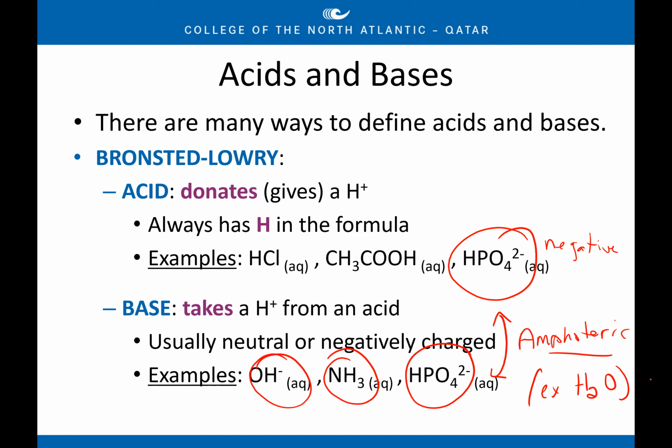H2O, or water, is a good example of an amphoteric chemical, which can act as an acid or a base. Don't think too much about this. Really, all you need to know here is that an acid is a chemical that donates or gives away a hydrogen atom, and a base is a chemical that accepts that hydrogen atom.